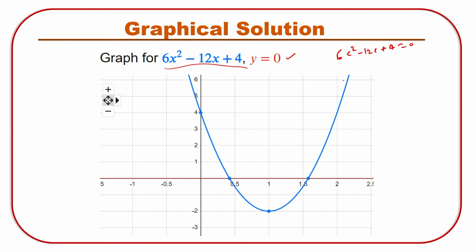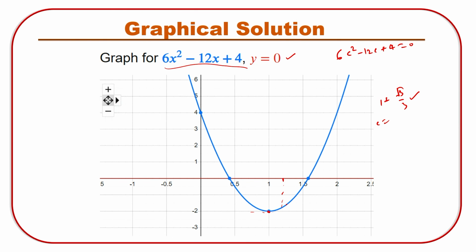So, this will be the graph for 6x square minus 12x plus 4, and as you can see, there will be some points here which minimize the curve, right? So, 1 plus root 3 by 3 is somewhere here. So, that means c is the point 1 plus root 3 by 3.